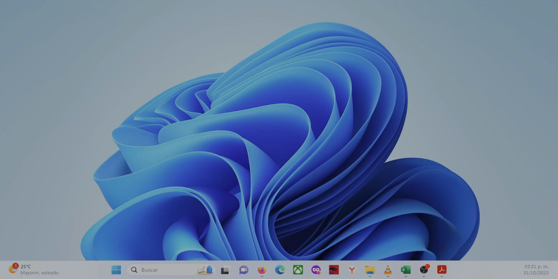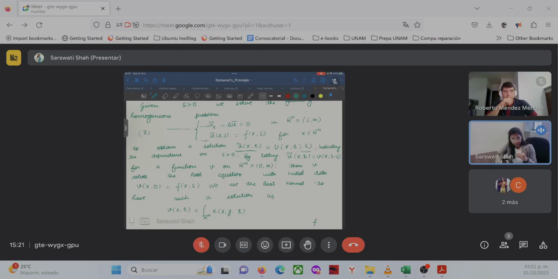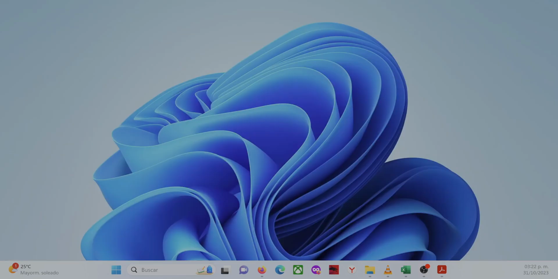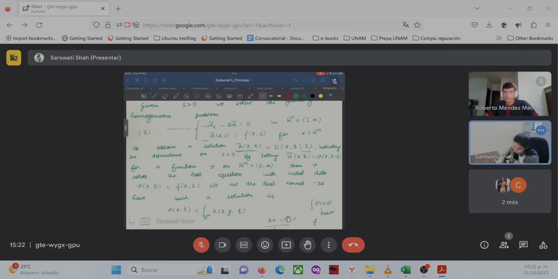In the same way, in the Poisson equation, Laplacian of u equals f or Laplacian of u equals 0, the Laplace equation, we calculated the solution in this form, where p x comma y was the Poisson kernel and the boundary value phi was supported by this Poisson kernel.